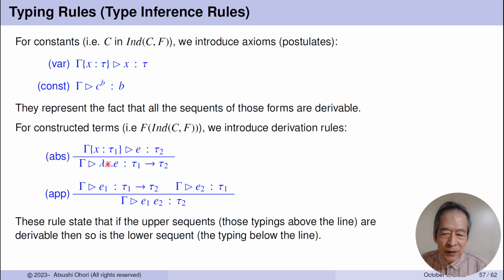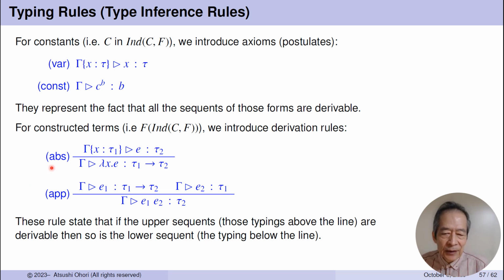For each of these, we introduce the corresponding derivation rule, named abs for lambda abstraction and app for lambda application. These are logical inference rules stating the following fact: if the upper sequents, those typings above the line, are derivable, then so is the lower sequent. Right? This is a logical inference rule.